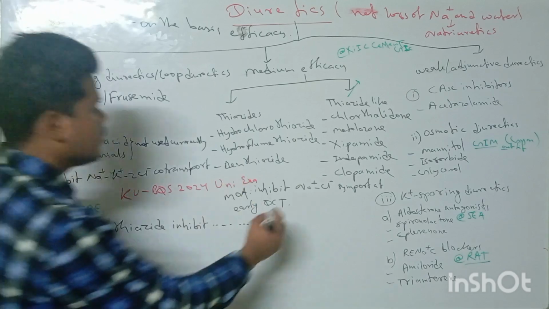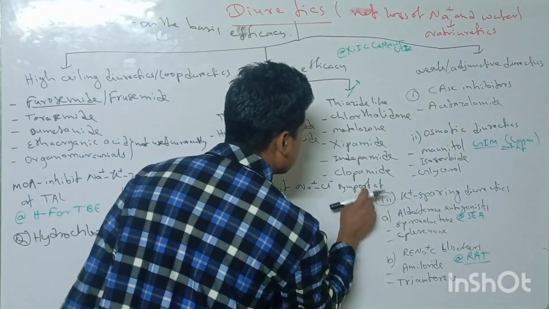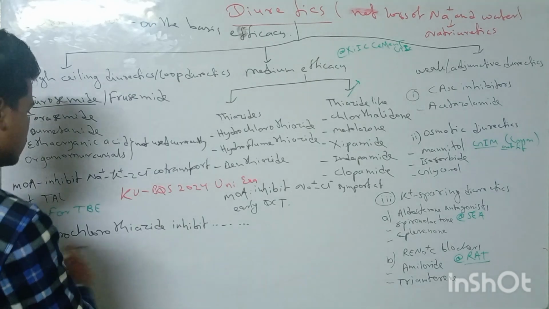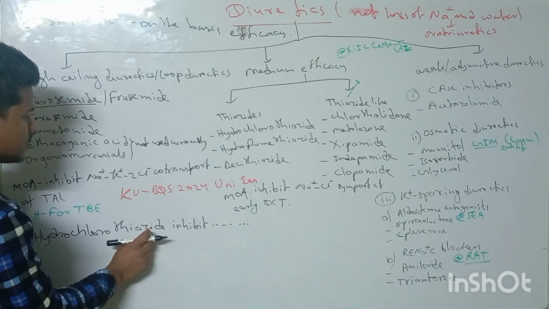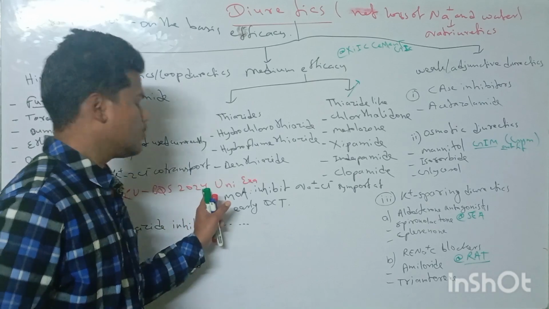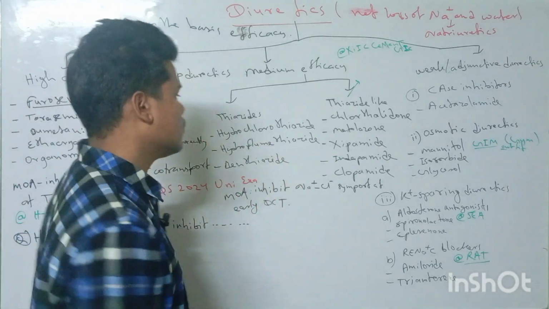So the answer will be sodium chloride symporter. This was one MCQ asked in the Kathmandu University BDS 2024 university examination.